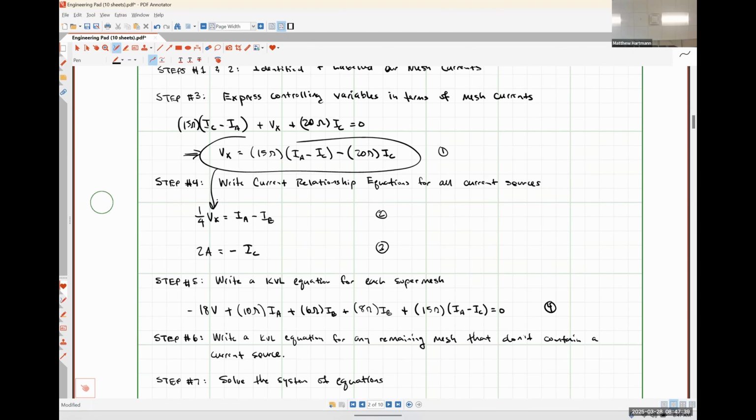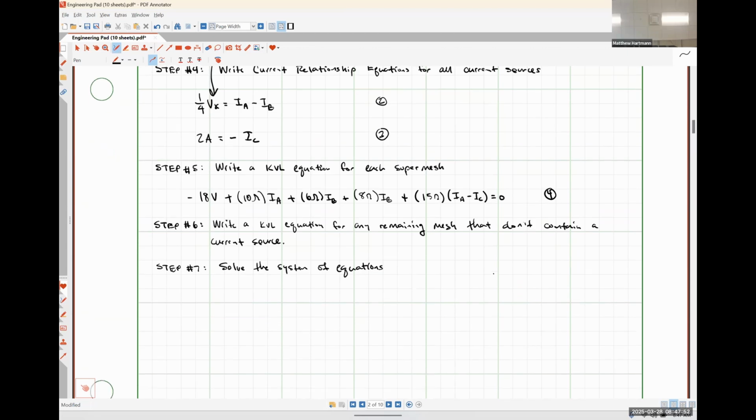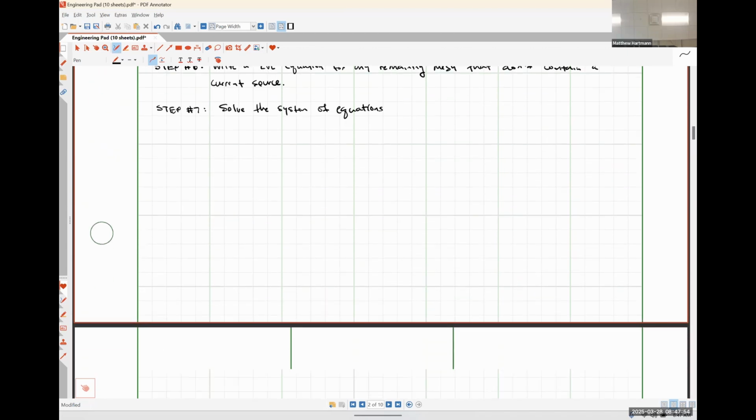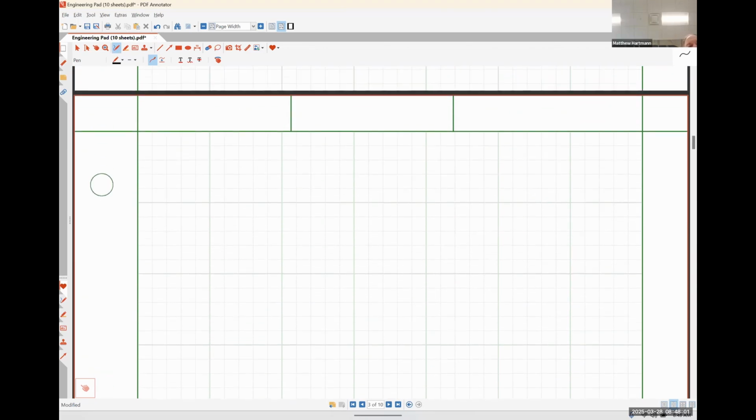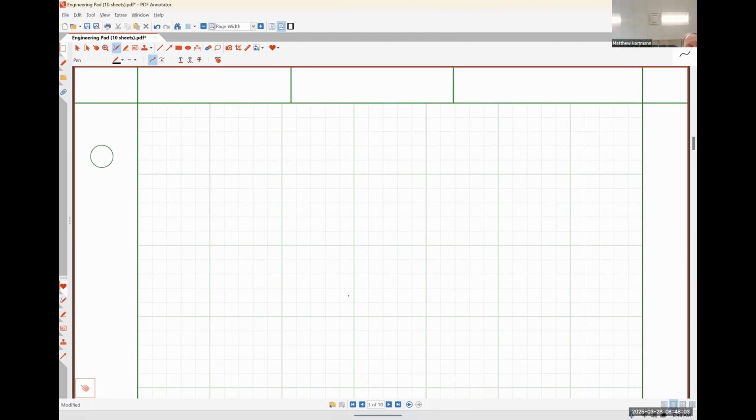The last thing that I want to show you guys is what happens if we have multiple current sources in a slightly different configuration than we have here. It's a little bit harder to explain without just showing you an example. So let's say that I had a system like this.